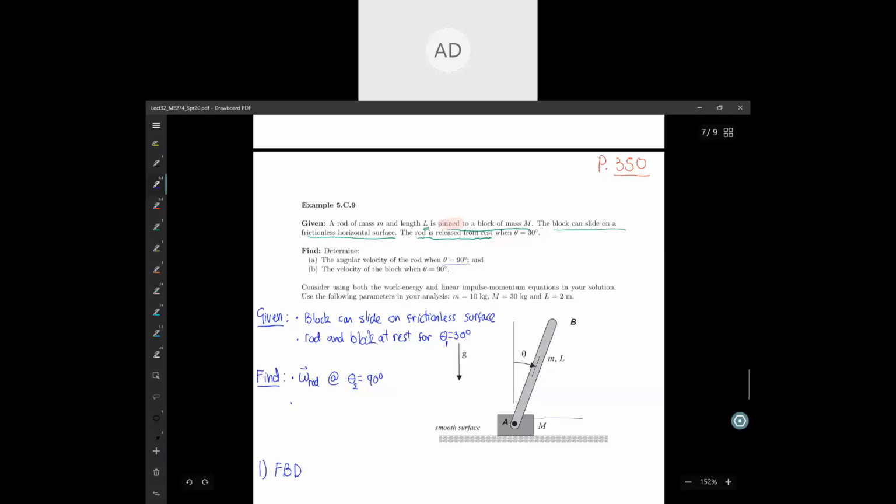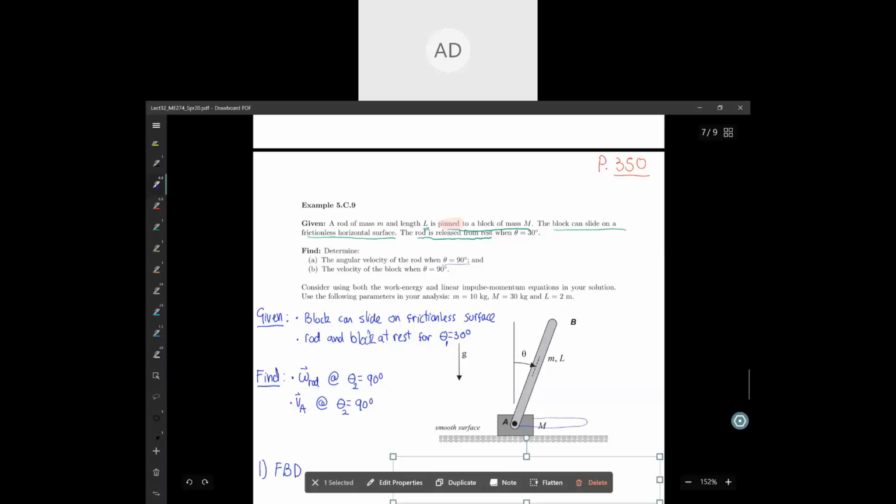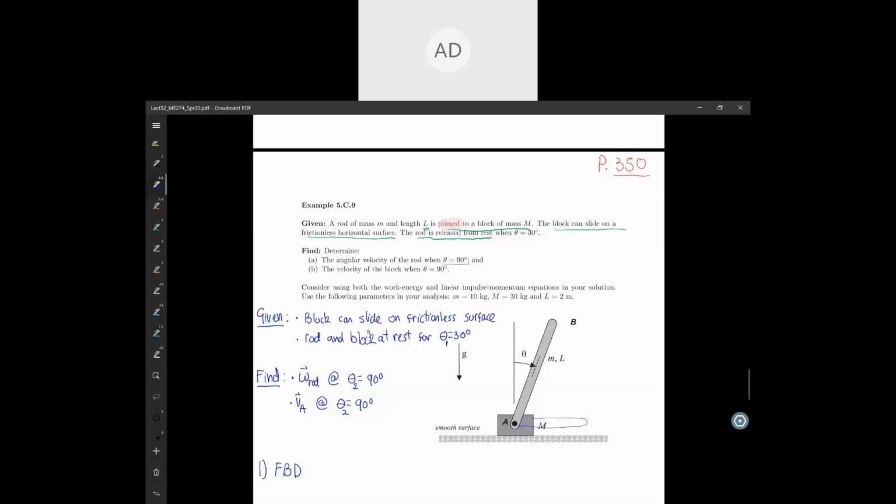So when the bar is here. And the velocity of point A. And then, this explicitly is telling us to combine work energy and linear impulse momentum.